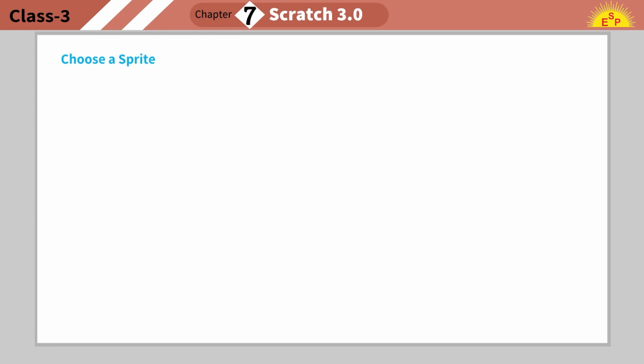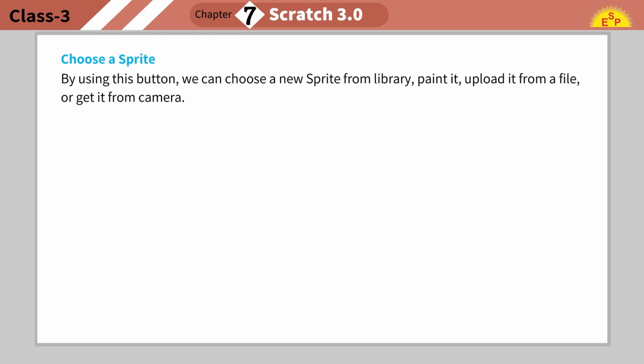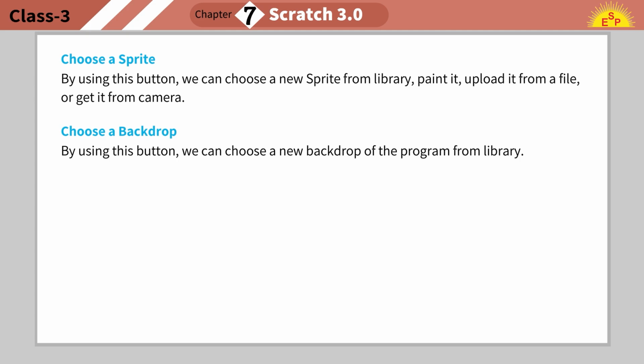Choose a sprite. By using this button, we can choose a new sprite from library, paint it, upload it from a file, or get it from camera. Choose a backdrop. By using this button, we can choose a new backdrop of the program from library. Sprites list.